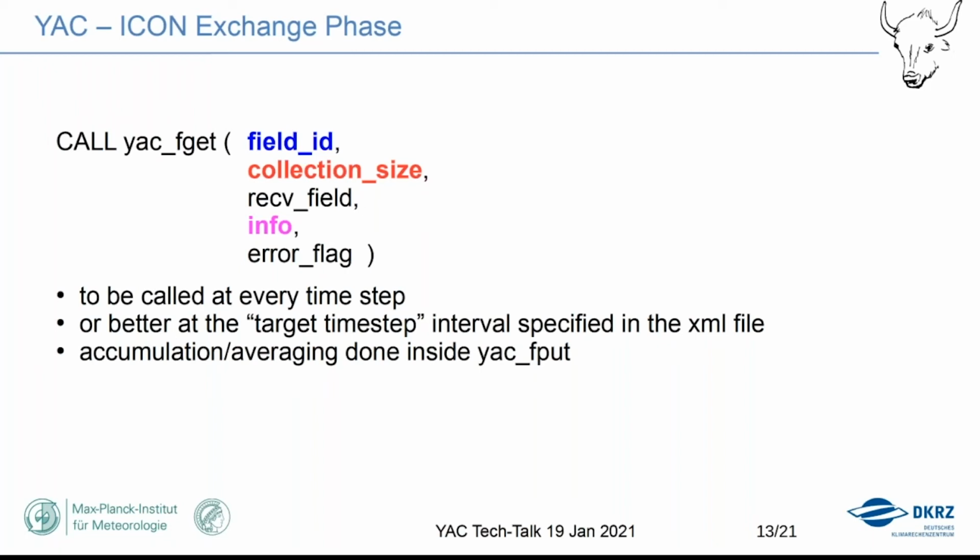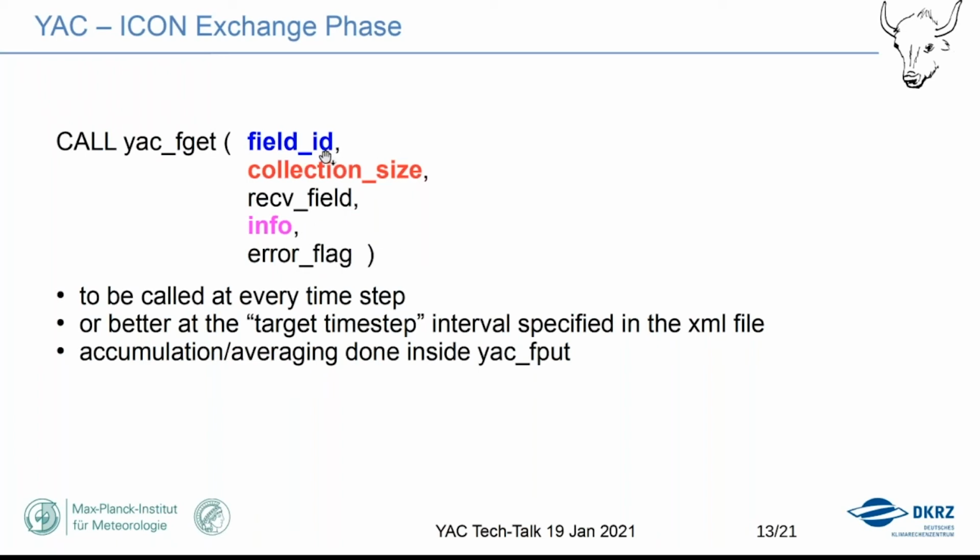Let's focus a little bit on the FGET call as an example. You call YAC FGET with a field ID, which you got from the initialization phase, then the collection size, then a receive buffer, on which you receive the data if it's a coupling time step and it's actually filled by YAC, and then an info argument is also returned, which tells you whether something has been filled in or not.